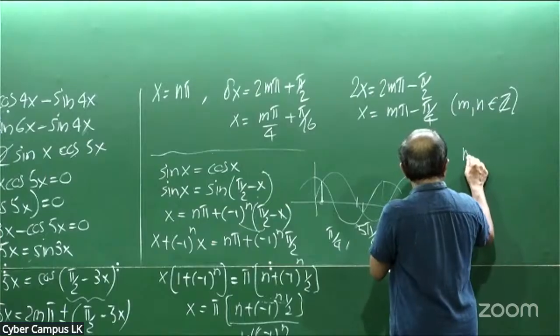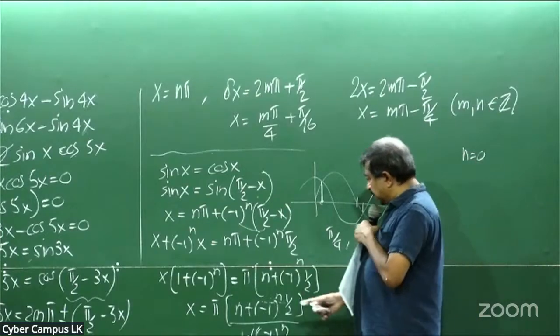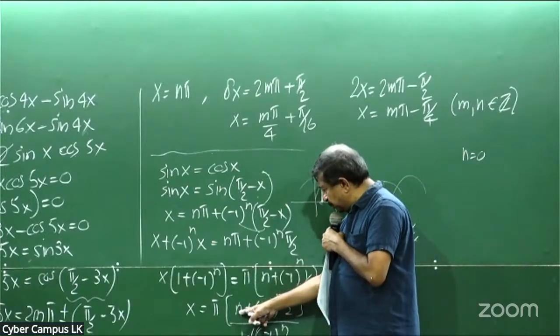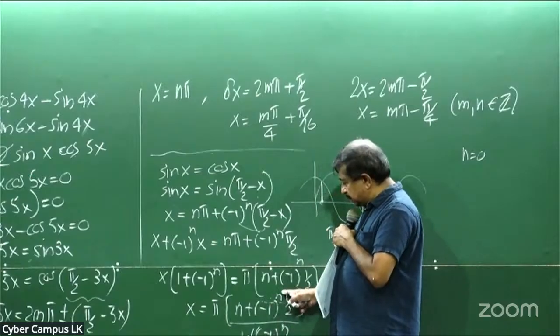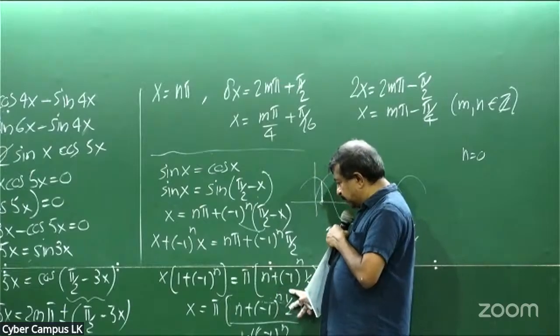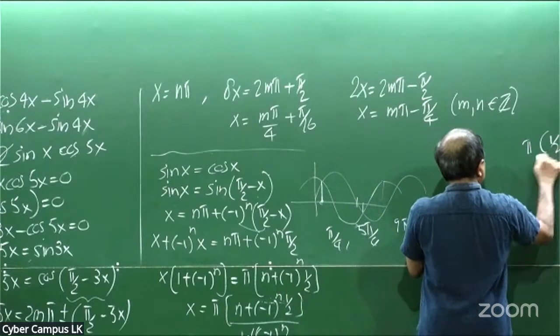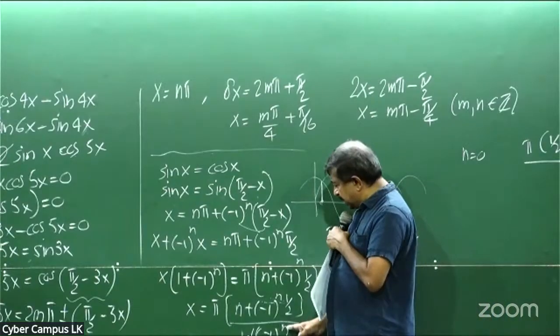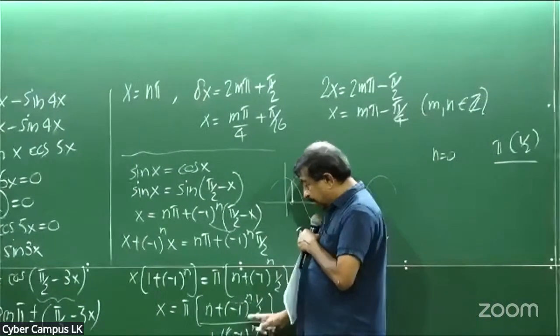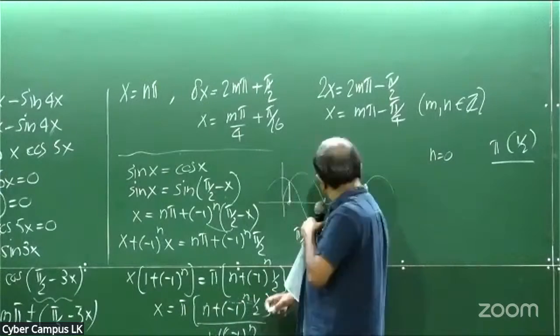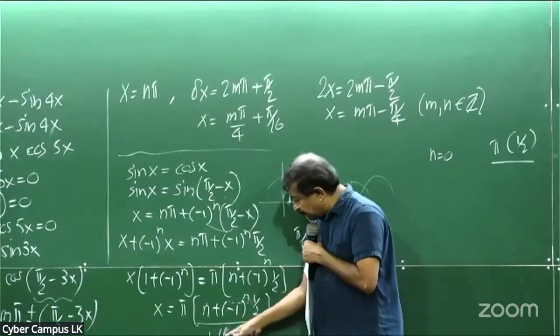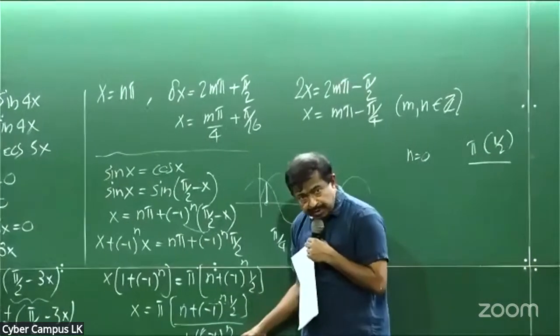Now say n is 0. So these go to 0, minus 1 to the power 0 is 1. So this is half, divided by, when n is 0, minus 1 to the power 0 is also 1.